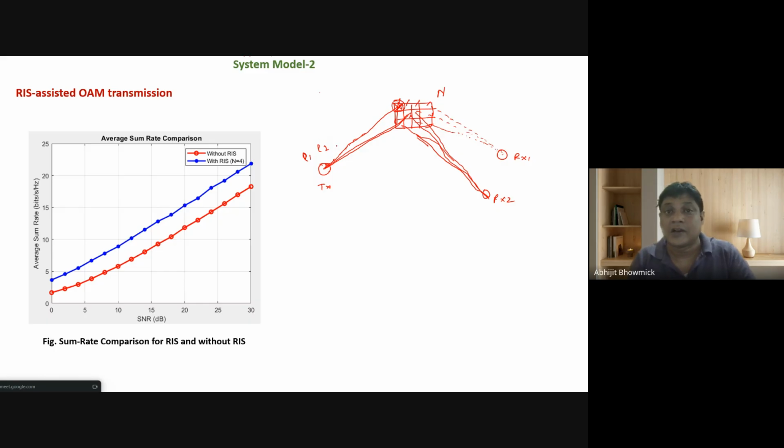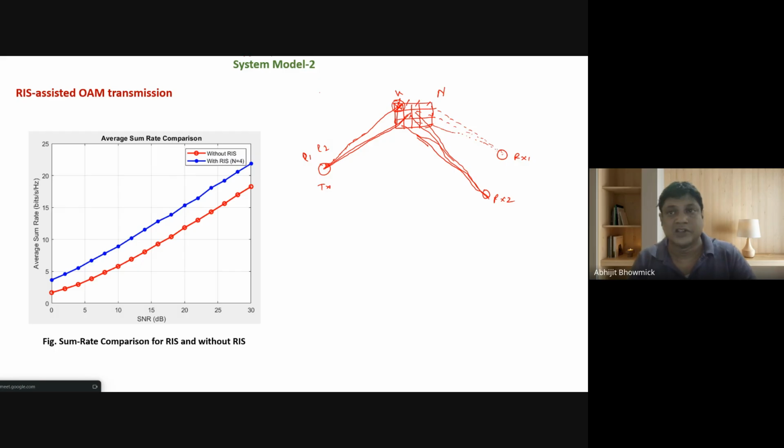If the transmitter is transmitting three modes, L1, L2, L3, for L1 there will be one channel from Tx to this kth element, for L2 another channel, for L3 another. For each element, the number of channels from transmitter to receiver will be the number of modes.